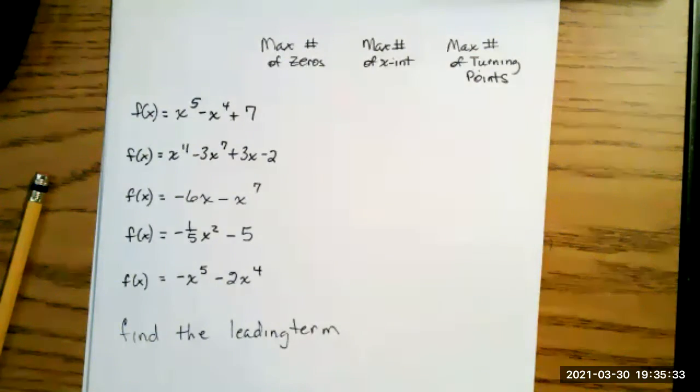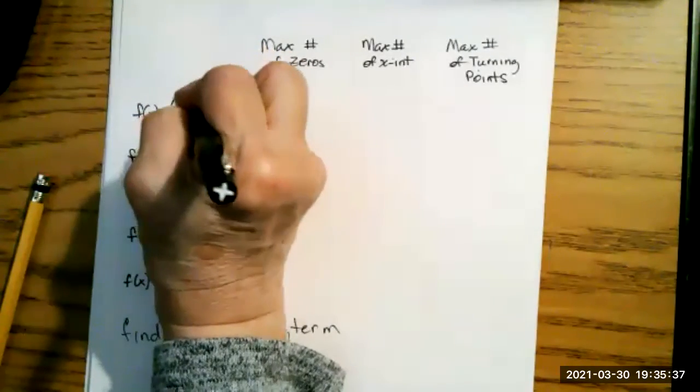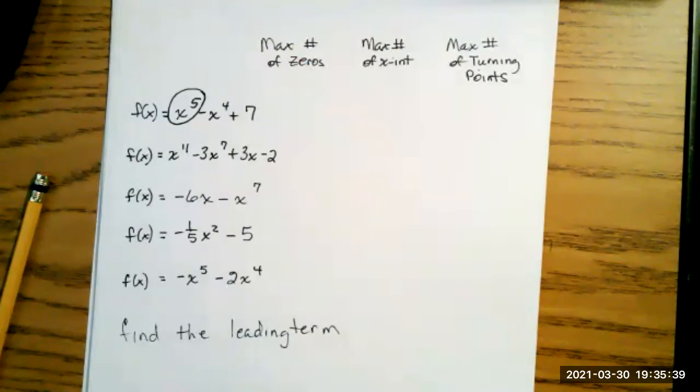All right, we've got to locate our leading term. Our leading term is x^5, and its coefficient is 1. The leading coefficient is 1. The degree is 5. So you're using that exponent to determine the maximum number of zeros that thing could possibly have.